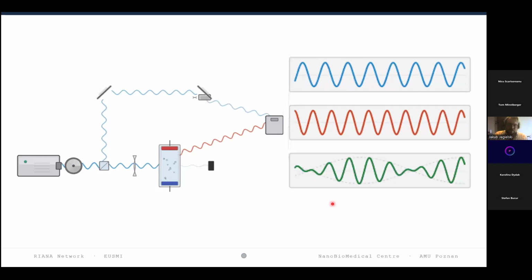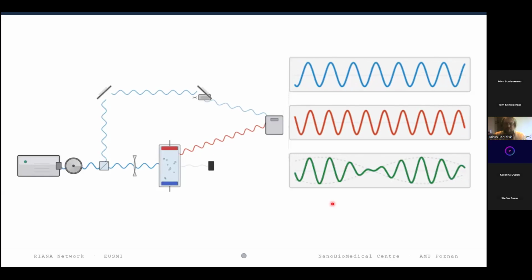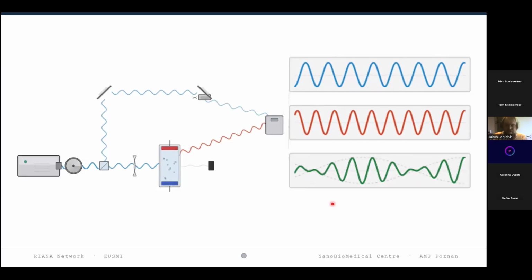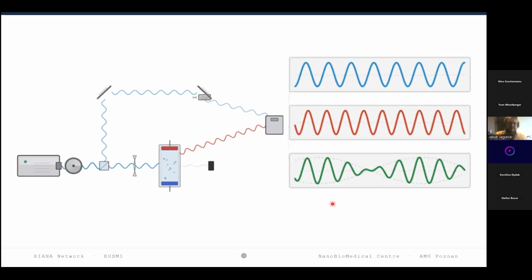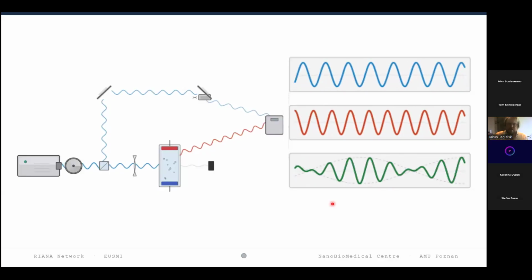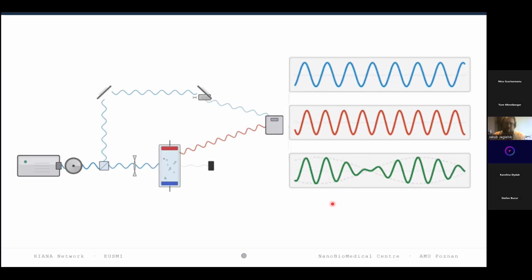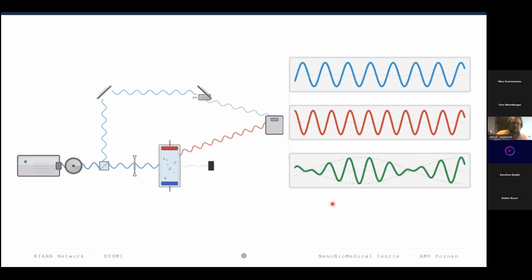When these two beams are superimposed at the detector, the resulting interference signal, shown in green, oscillates at the beat frequency, which equals the Doppler shift. This heterodyne detection scheme provides significantly higher sensitivity to small frequency shifts compared to homodyne methods.